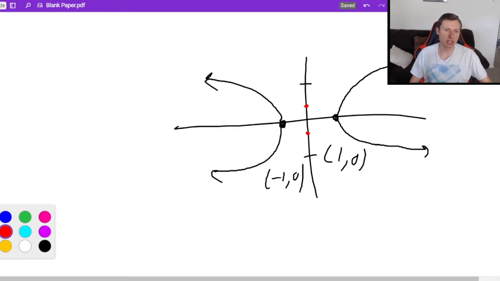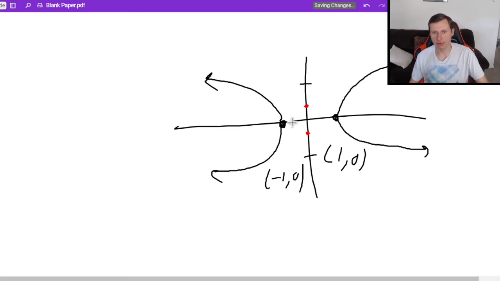And now watch this. I'm going to make a rectangle with my 4 vertices. Here's my rectangle. You'll notice I'm drawing it in a dotted line because I'm going to be erasing it later. And now if I want to know what's important about those points, I'm going to have slant asymptotes along the diagonals. What does that mean? Let me show you.